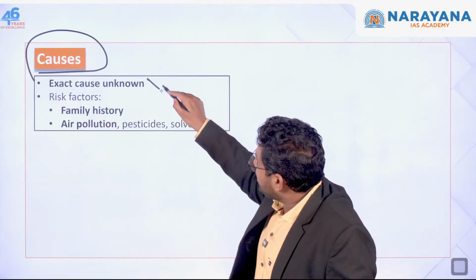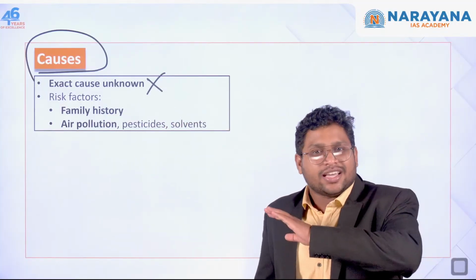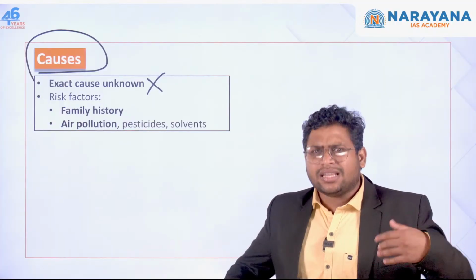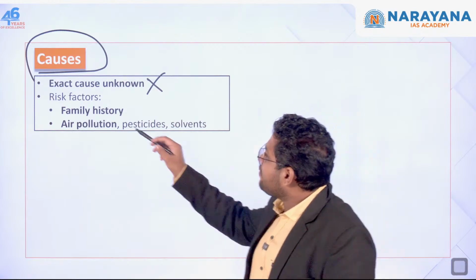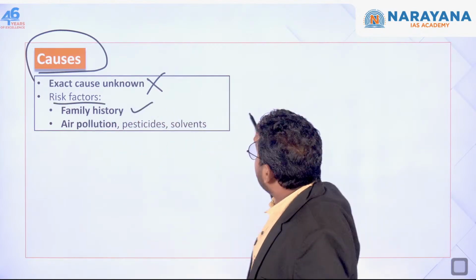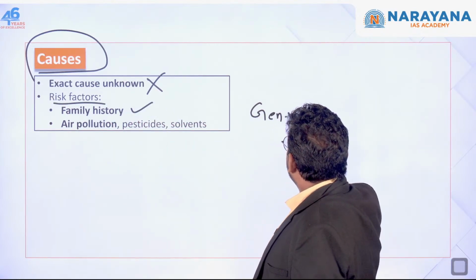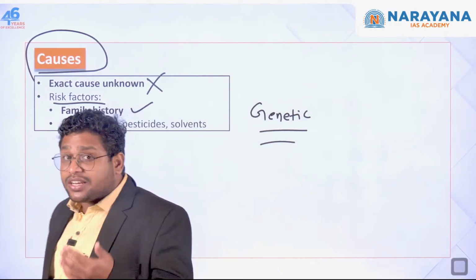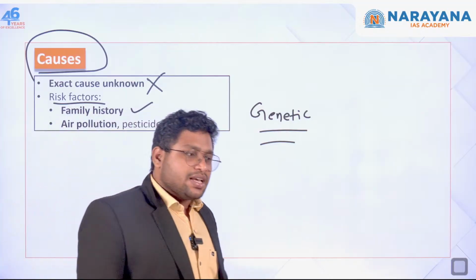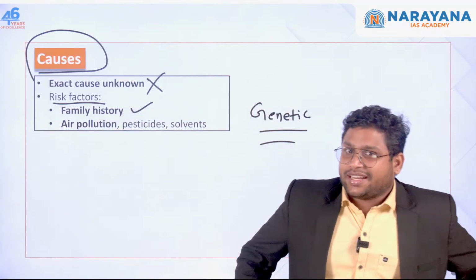The exact cause is unknown. Research is still going on, and they come up with different factors. Some say there's a possibility of a genetic issue: if someone in your family history had Parkinson disease, then there is a possibility you might also get it.